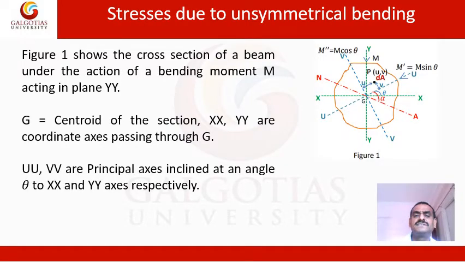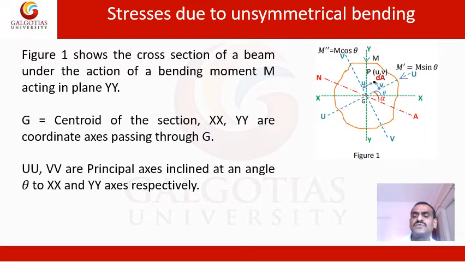We'll see the stresses due to unsymmetrical bending. Figure 1 shows the cross section of the beam under the action of bending moment M acting in the plane YY. Let G be the centroid of the cross section, and XX and YY the coordinate axes passing through G. We considered one cross section of the beam having these XX and YY centroidal axes.